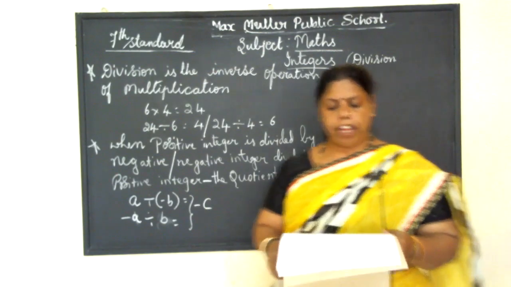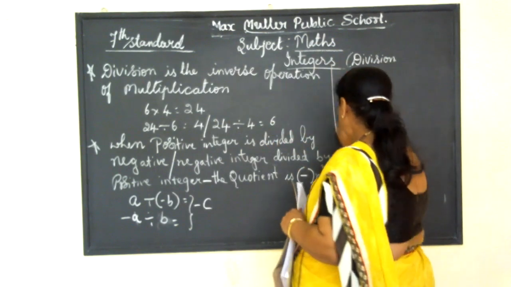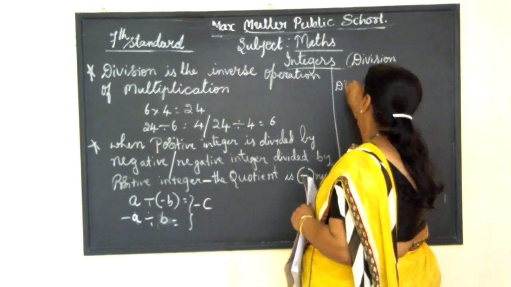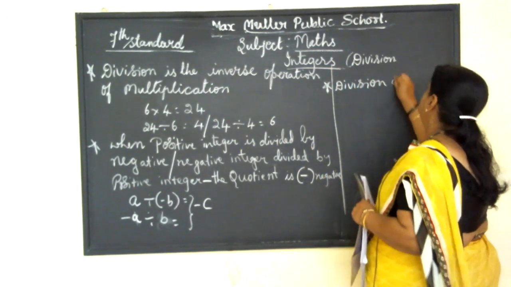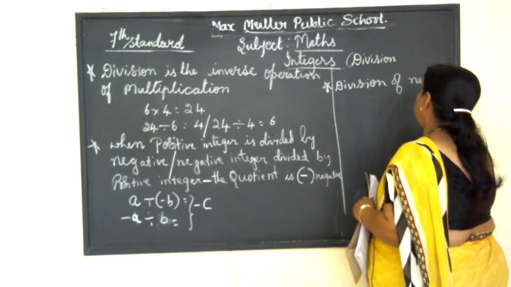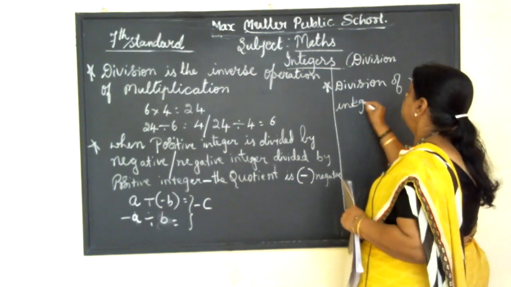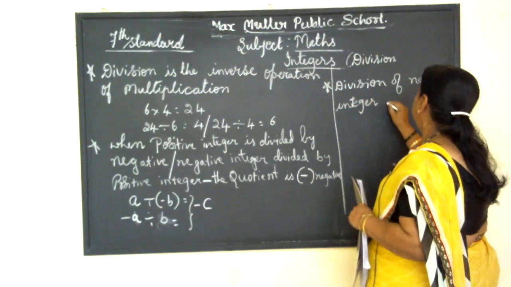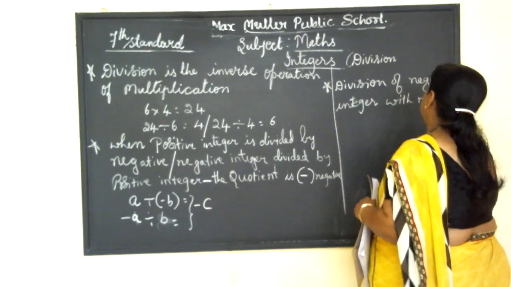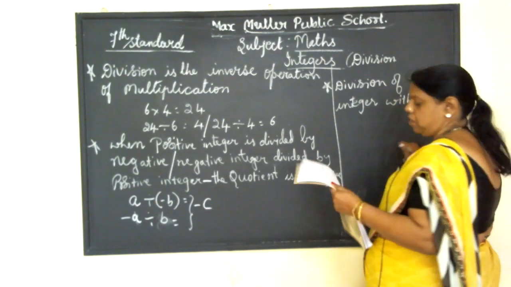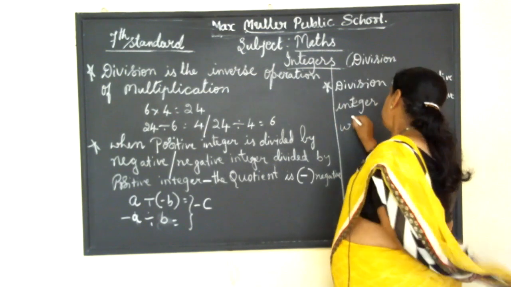Next, division of negative integers by another negative integer. Division of negative to negative. Both are negative. Negative integer with negative only, you get a positive integer as quotient.